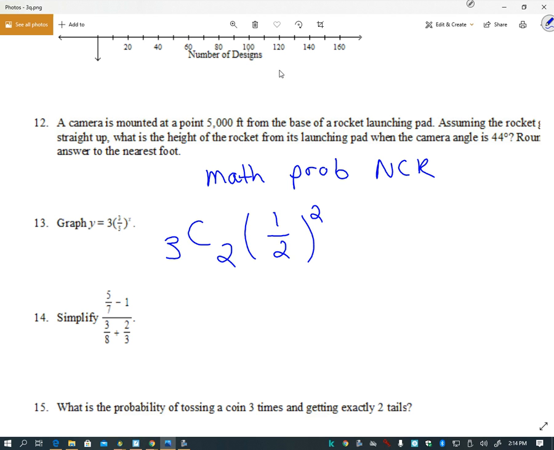Now, as odd as it seems, we need to have a failure. We have to have a certain number of fails, and in our case, that is still 1/2, because we want it to hit heads once. We don't care when it hits heads, but it has to do it once out of 3 times. And so our exponent is the number of times we need it to fail. Does that make sense?